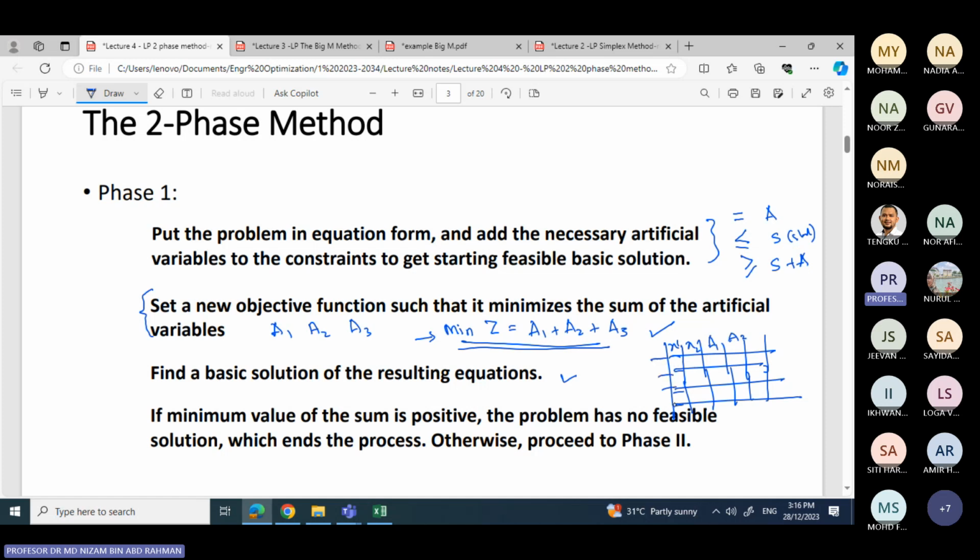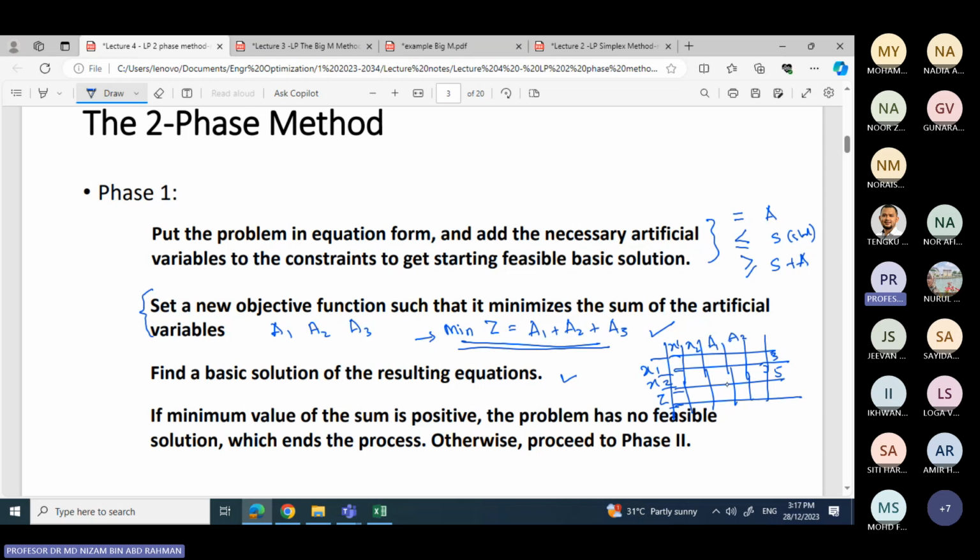And the final solution that you have is x1 and x2, so x1 has a value, let's say 3, this is 5, and this is z, right? So if the minimum value of the sum is positive, then the problem has no feasible solution.